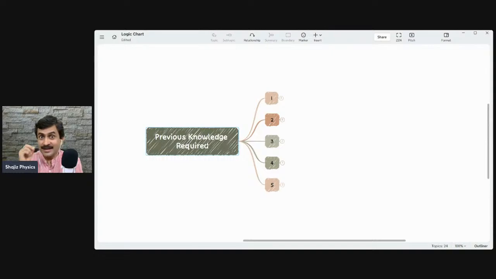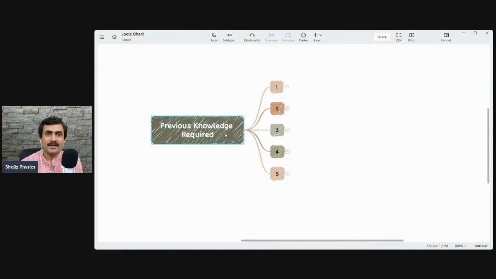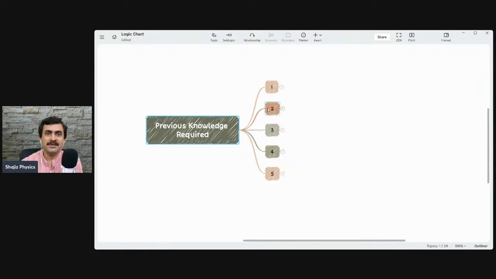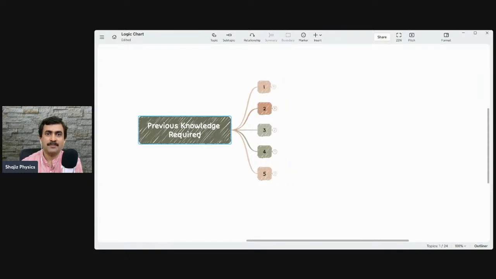Let us think about the previous knowledge required by a student to solve a problem like this. Let me move this to full screen. Okay, previous knowledge required to solve this particular problem.